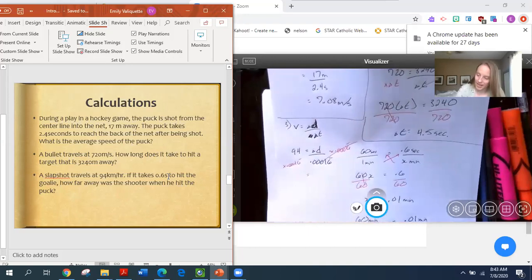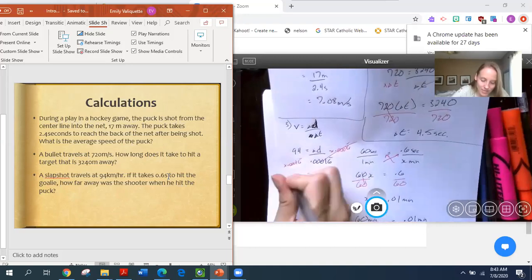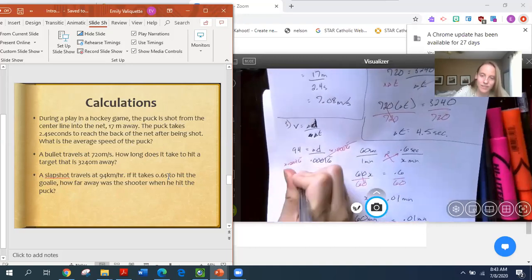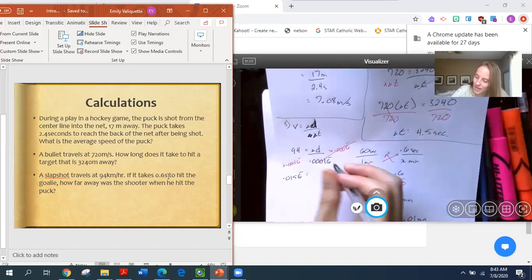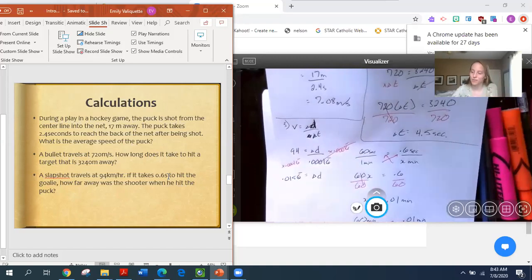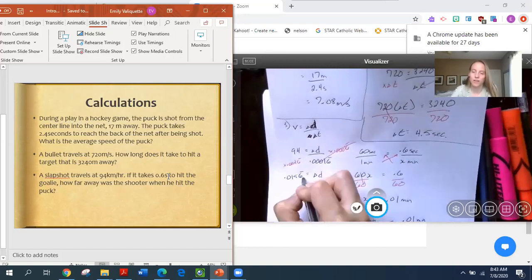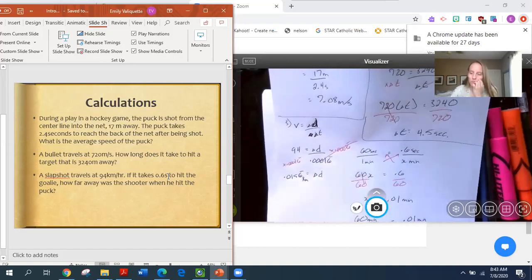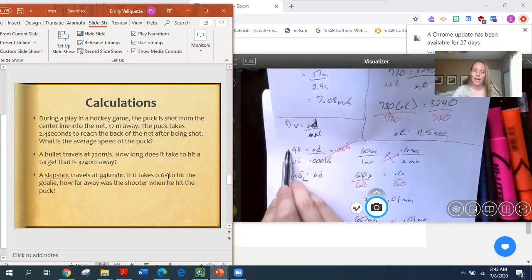And you should get as your final answer 0.0156 repeating as your change in distance. Now that is going to be in kilometers because your speed was in kilometers per hour.